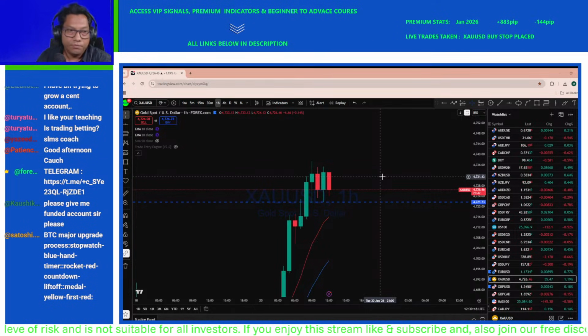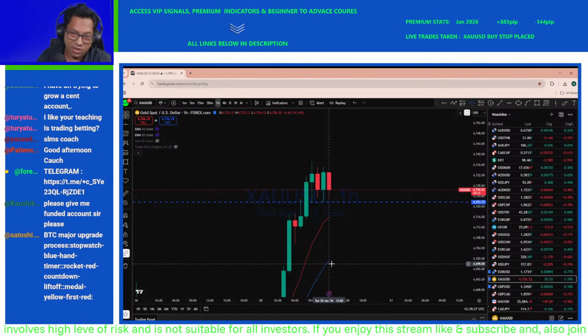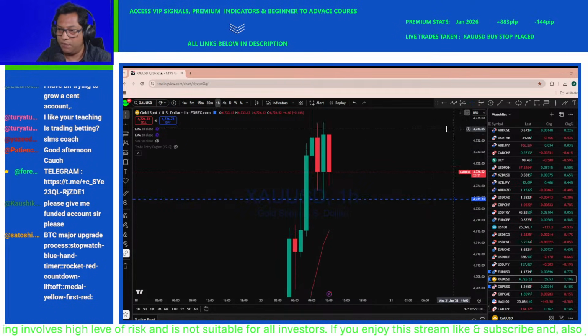Instead, it is started to break below. That means there is a higher chance now this market to break that hourly low and then to revert again back above here in that market.